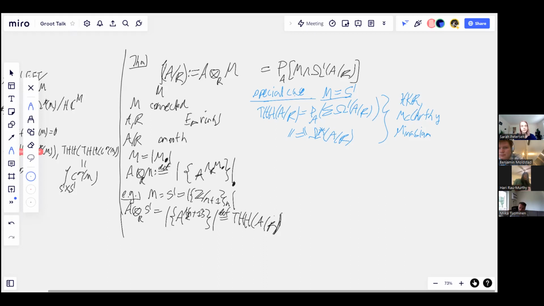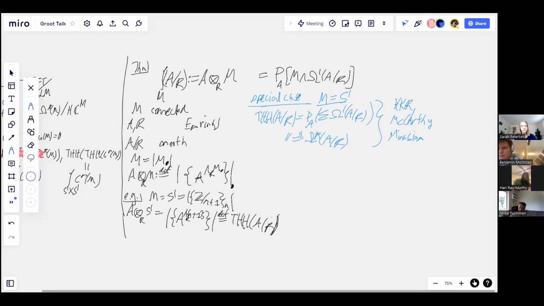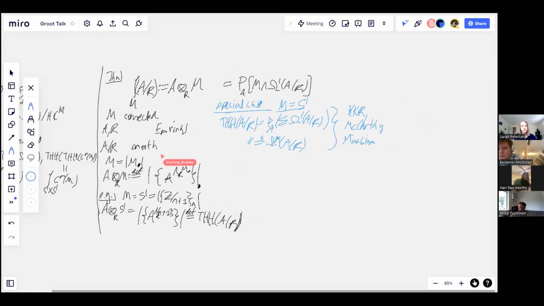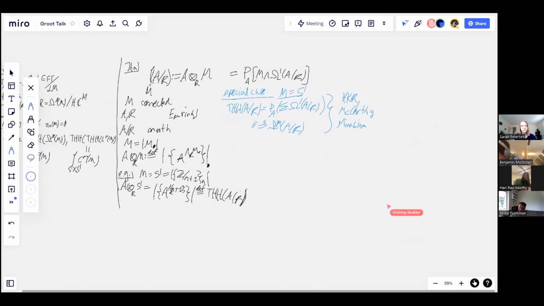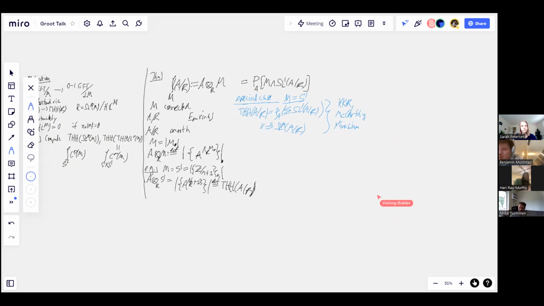So this theorem is expected. Okay. So with that, let me tell you a strategy for proving this generalization of this theorem that says that THH is the same thing as differential forms.